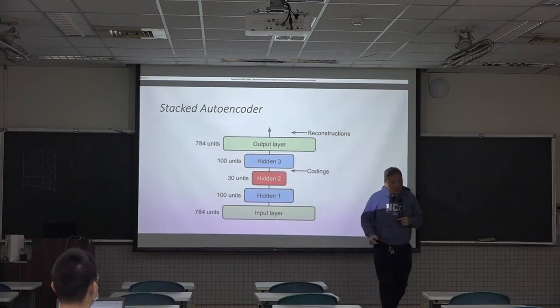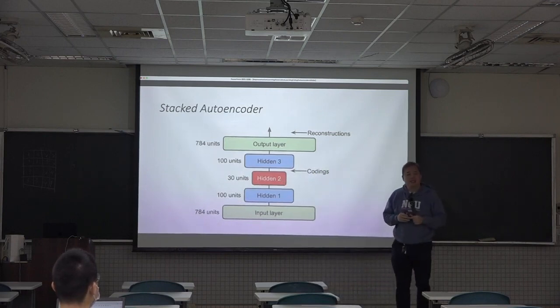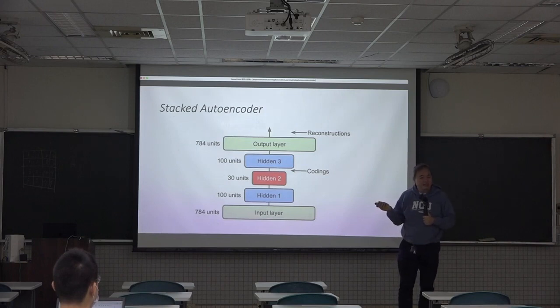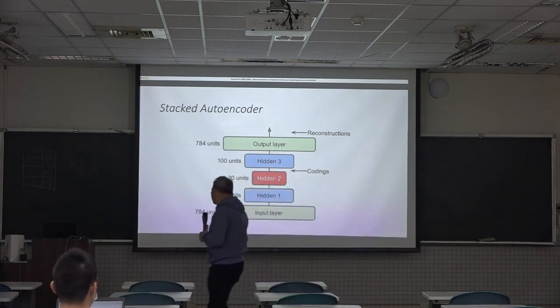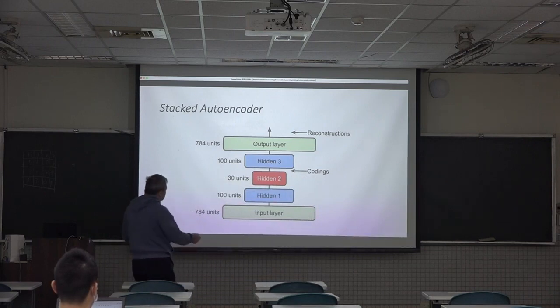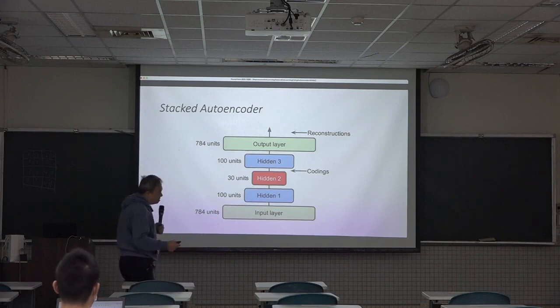So this is not just an example; any stacked autoencoder looks like this. Of course, different layers may have different numbers of neurons. That's not fixed.